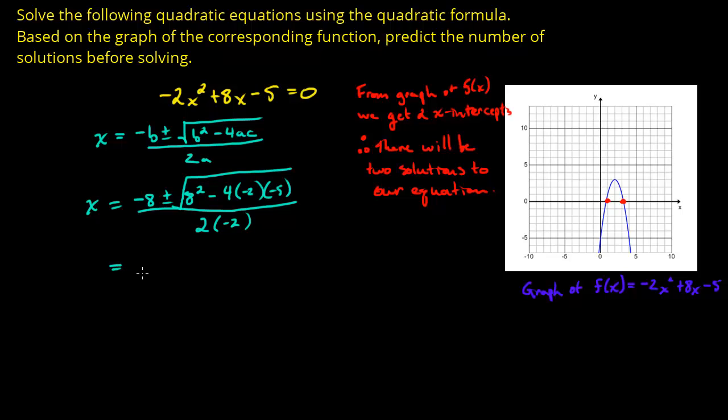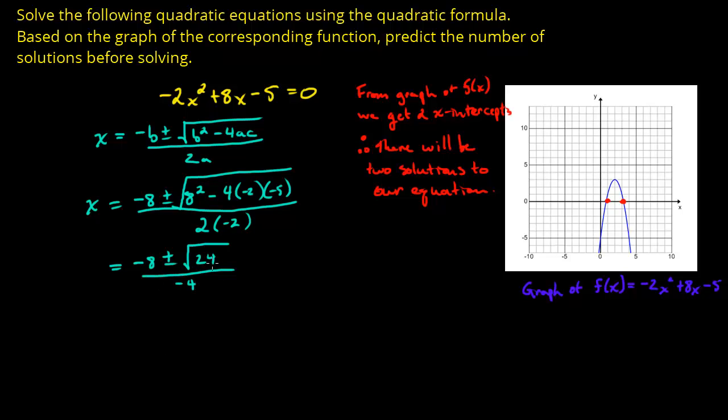Now we can evaluate this. We've got negative 8 plus or minus the square root of, well, 8 squared is 64, so 8 squared minus 4 times negative 2 times negative 5 gives root 24. So negative 8 plus or minus root 24, all over negative 4.